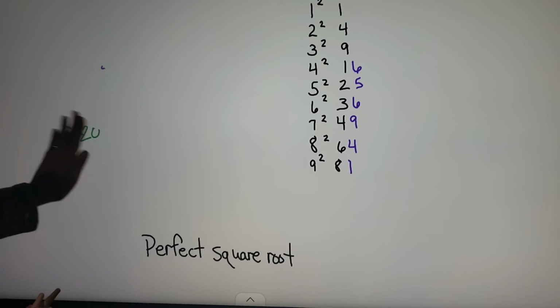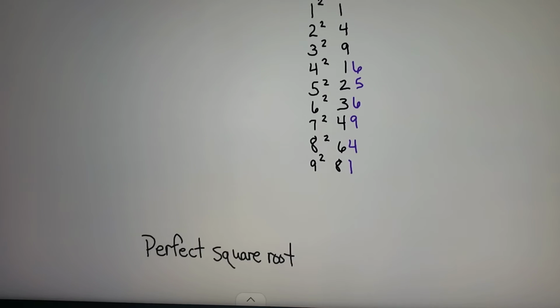So let's try it one more time. A couple more times. Let's take the square root of 2,601. Now remember, these are perfect square roots. We'll discuss irrational square roots later.